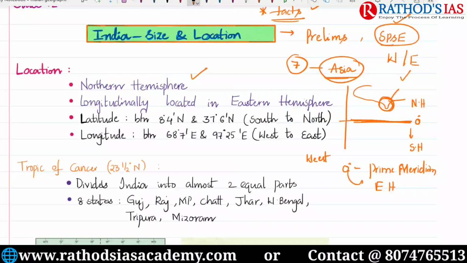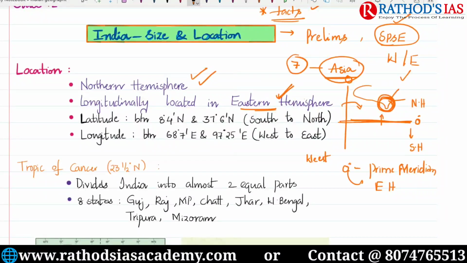India is present towards the east of the prime meridian and above the equator. So India's location falls under the northern hemisphere, and longitudinally it is located in the eastern hemisphere. I hope this is very clear.